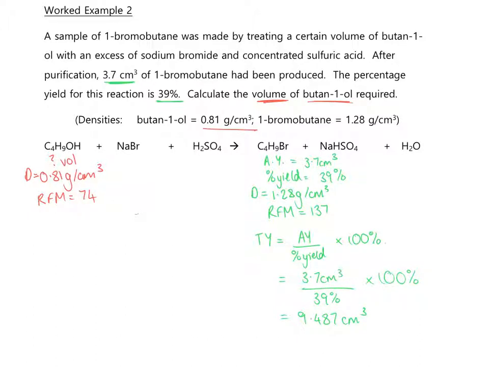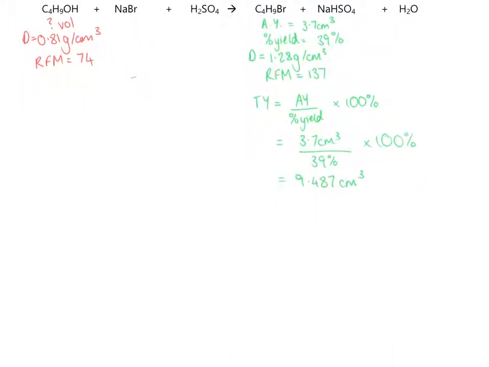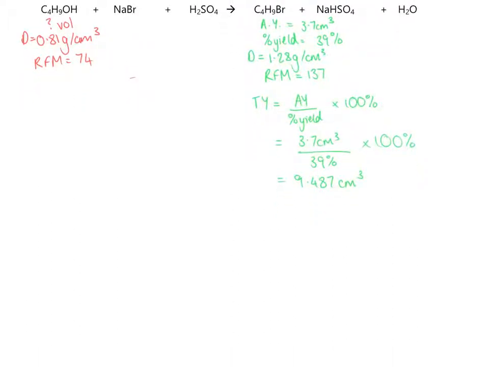Okay, I need to convert this to moles to bring it over to my butan-1-ol, but I haven't been given a concentration value. And this is just a liquid, so it's not a solution, so I wouldn't have a concentration value. So to convert it to mass, before I convert to moles, I need to use the equation mass equals my density times volume.